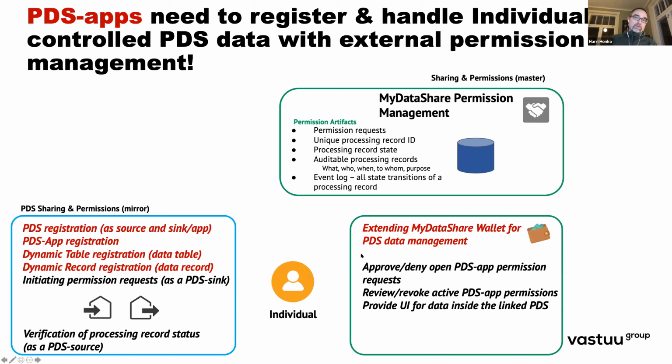But also from the wallet perspective, as we don't typically have any visibility into actual personal data, there would have to be an API or something where we can check what information an individual actually has within his registered PDS. Some complexity.